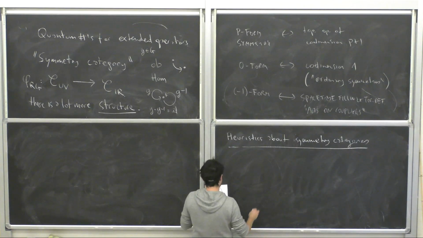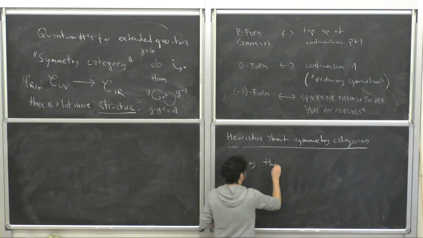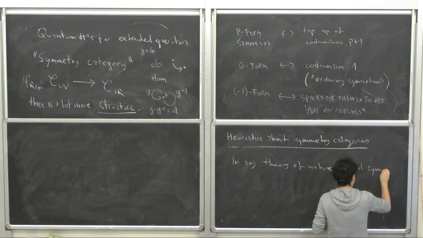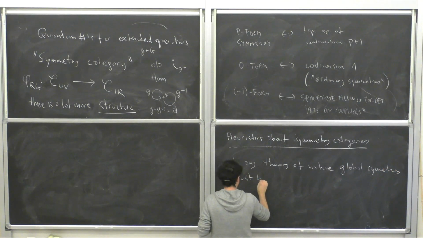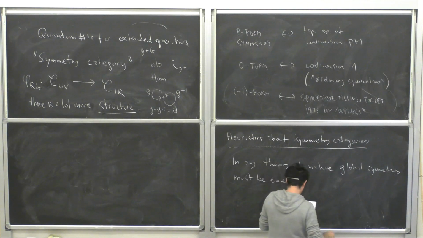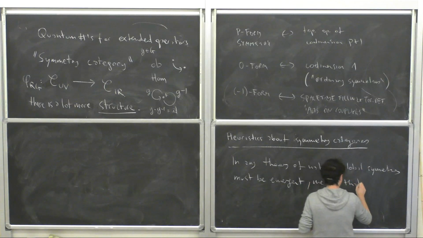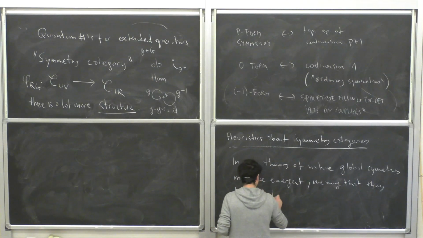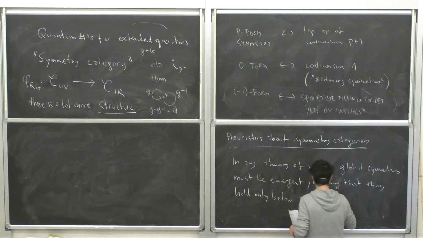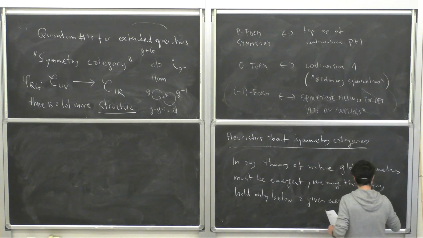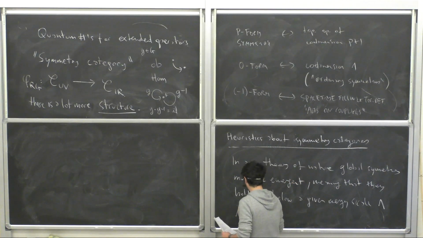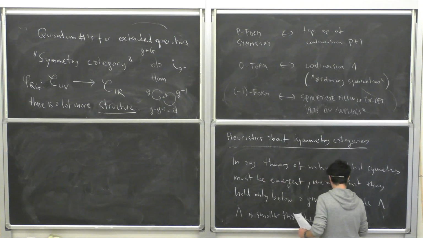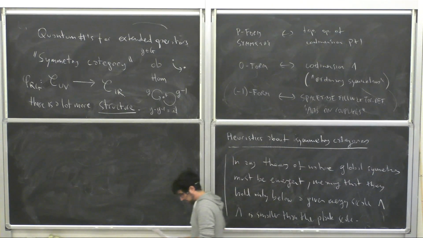So in any theory of nature, global symmetries must be emergent, meaning that they hold only below a given energy scale Lambda, where Lambda is moreover smaller than the Planck scale. So, do you agree with this claim?